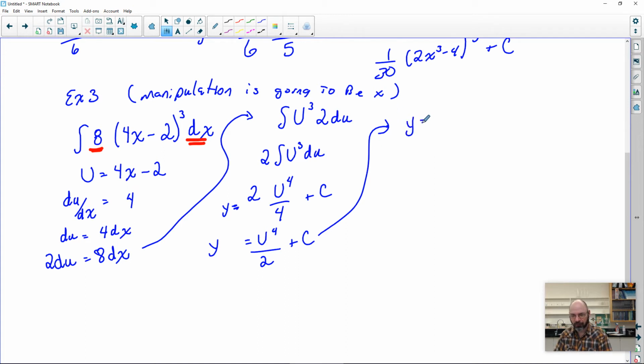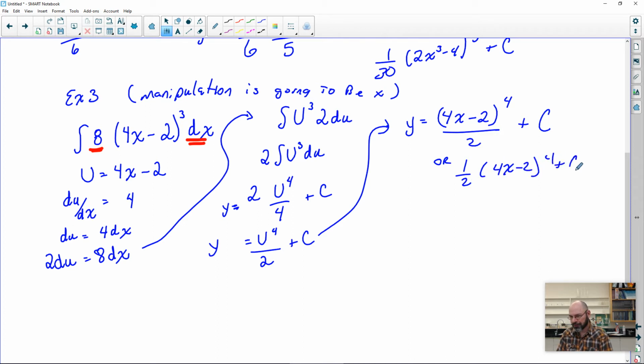So y equals 4x minus 2 in brackets to the power of 4 over 2 plus the c. Or if you want, you can write it as 1/2 times 4x minus 2 to the 4th plus c. That's correct too. So there's a manipulation where we're using multiplication in our third example.